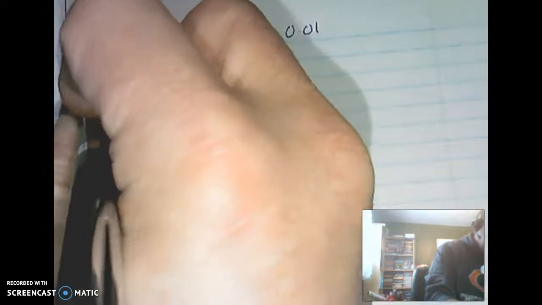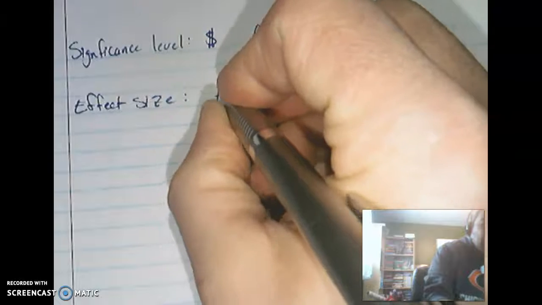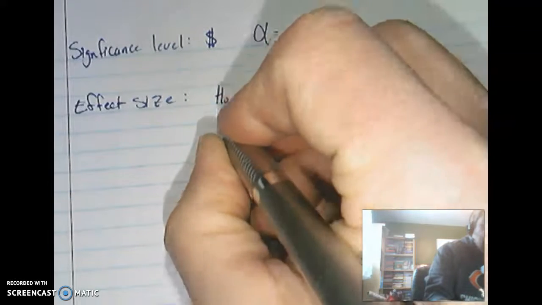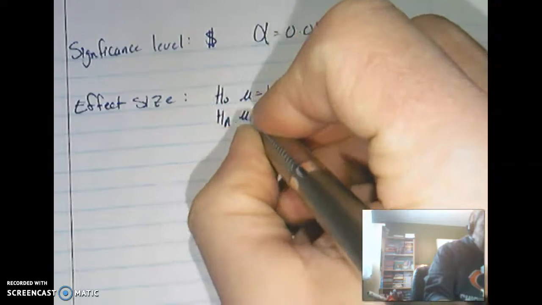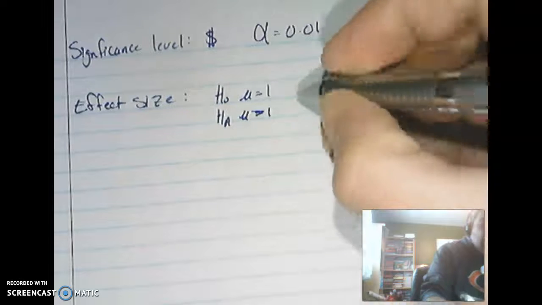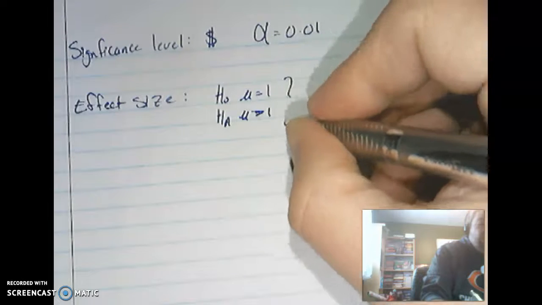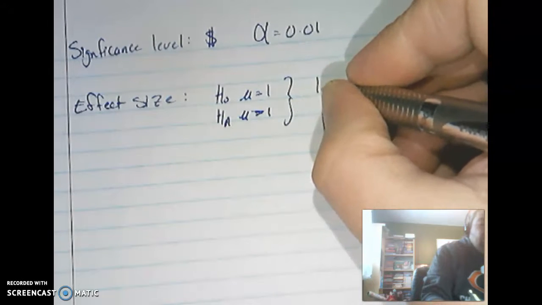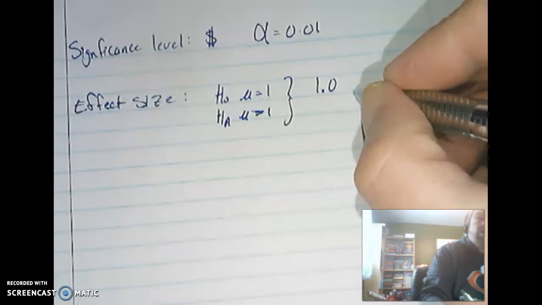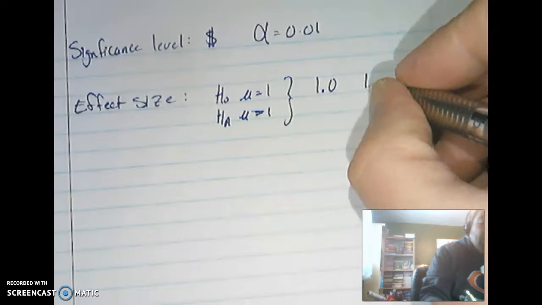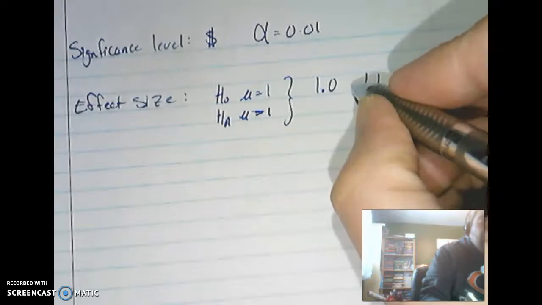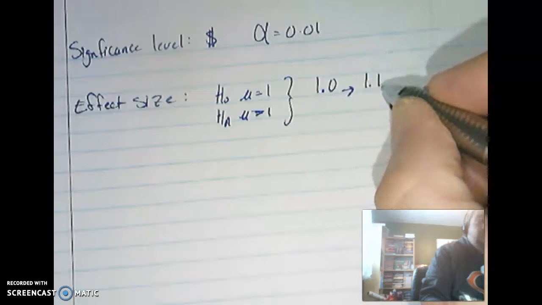What we're looking at is our effect size. What are we actually going to be looking at? What that means is even though our H naught and our alternative are whole numbers, let's say that someone's at 1.0. We want to detect the fact that they're going up by that much, so a tenth.